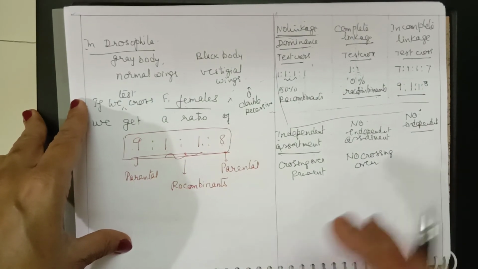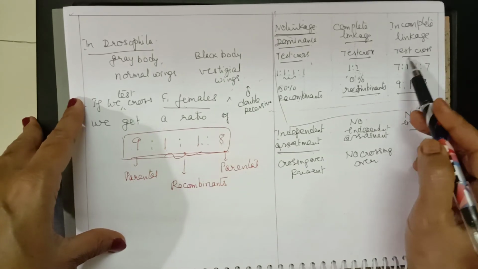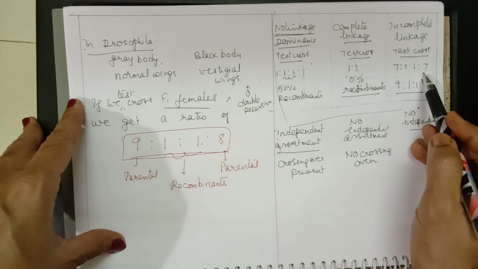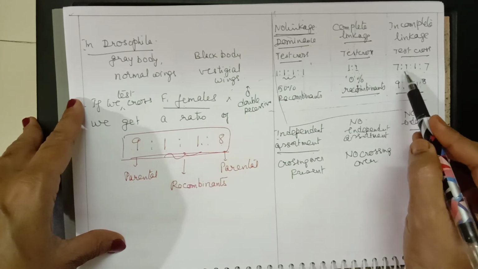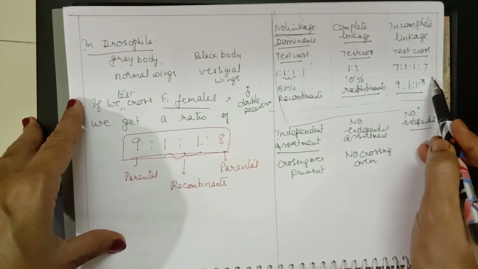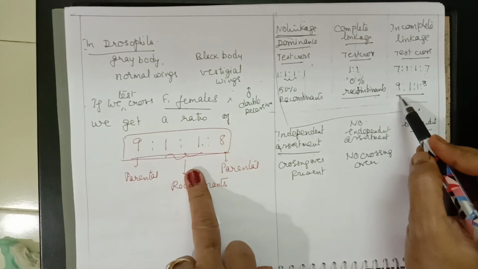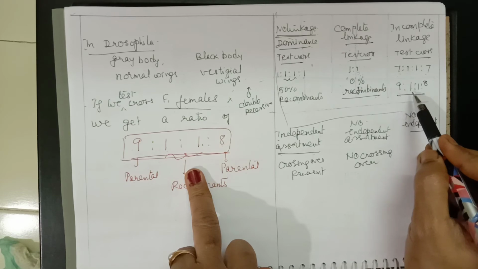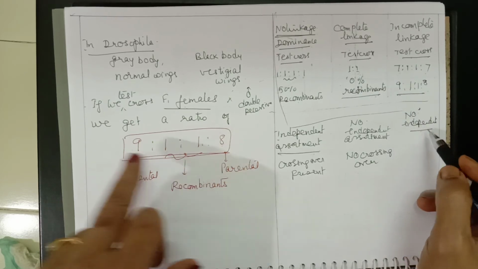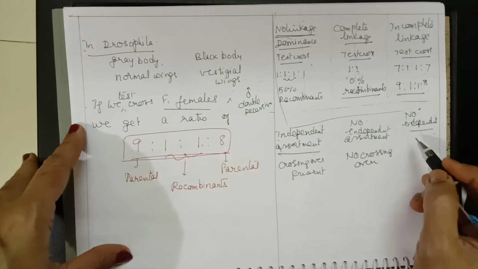Now if we take incomplete linkage and see the test cross ratio: in case of Lathyrus odoratus, we get the ratio 7:1:1:7, and in case of Drosophila, we just observed the ratio 9:1:1:8. And here also we don't find any independent assortment.